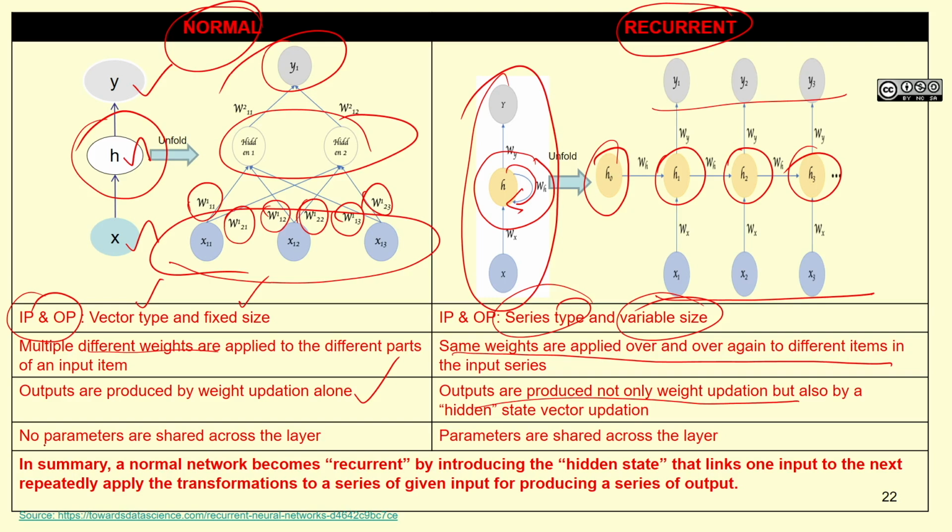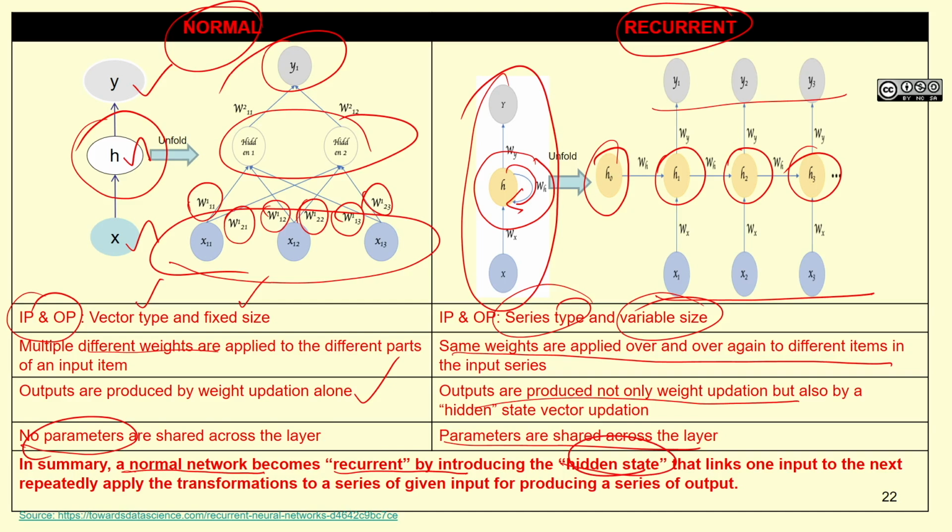See here, we don't need any parameters across the layers, no parameter sharing is required, but here the parameters are shared. So, in summary, a normal neural network becomes a recurrent one by introducing a hidden state, not a hidden layer.